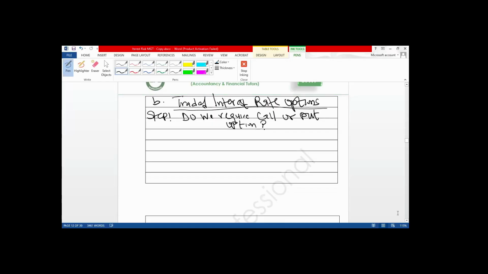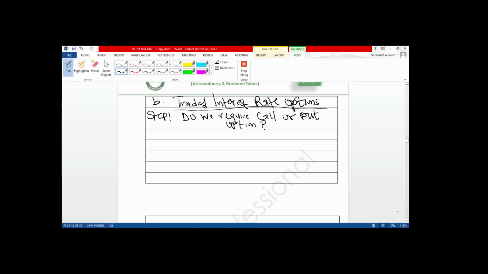If your company is planning to borrow money and you want to use options on interest rate futures, the borrower will buy put option, while the lender will buy call option.